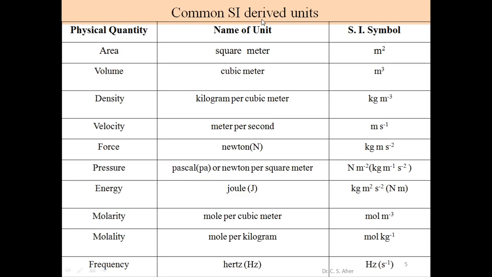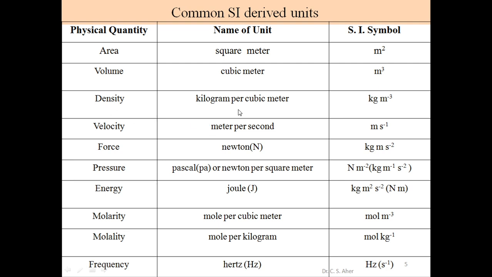Now another common set, the SI derived units. The previous table was for basic units, and now we consider derived units. The physical quantity area has the unit square meter, SI symbol m squared. Volume, the unit is cubic meter, symbol m cubed.